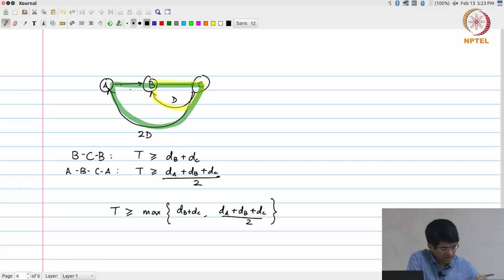So if I want to compute the iteration period bound, this is one way of doing it: enumerate all the cycles and find out the max among all of the cycles.